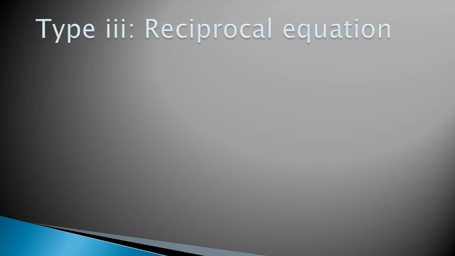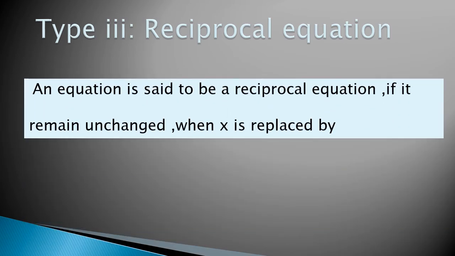Now students, type 3 of the reducible equations. Type 3 of the reducible equations are called the reciprocal equations. The definition of reciprocal equations is: an equation is said to be a reciprocal equation if it remains unchanged when x is replaced by 1/x.